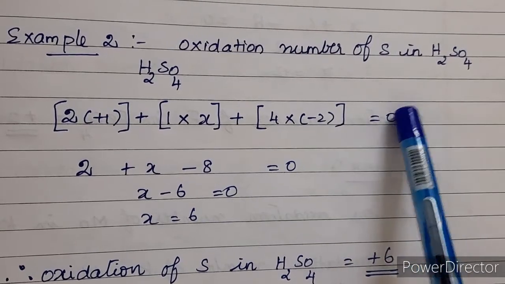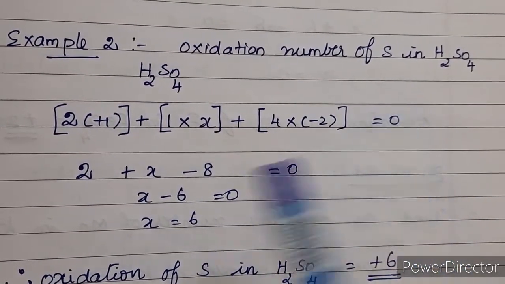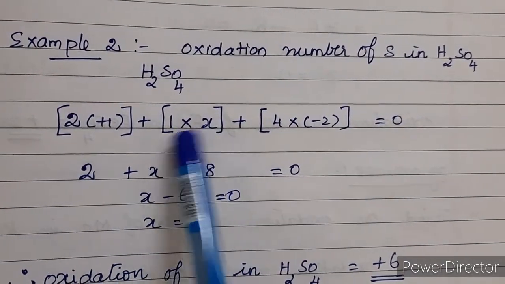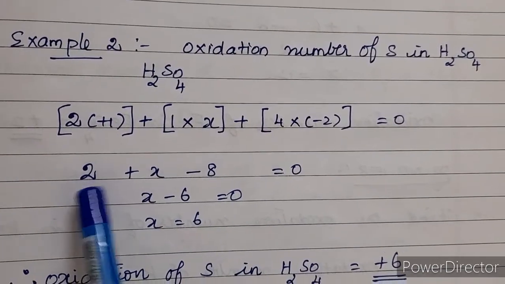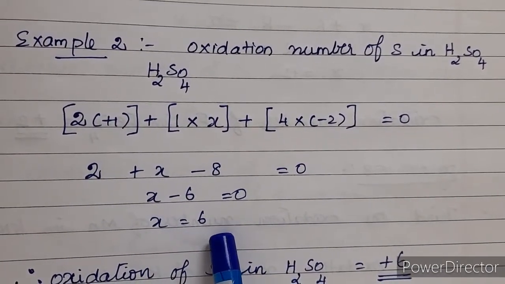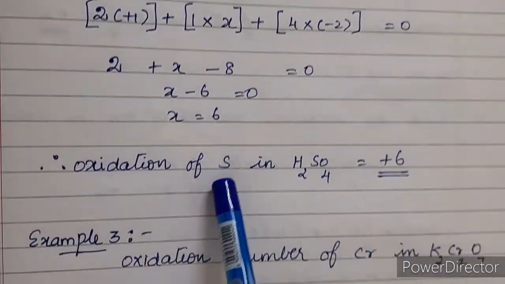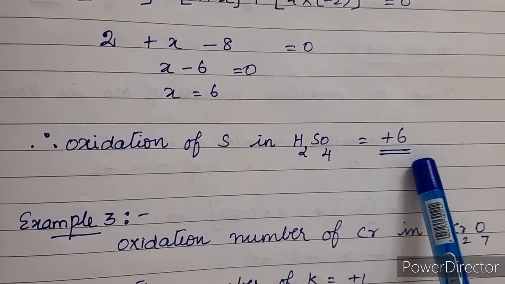Now this should be equated to 0. Always remember that this should be equated to 0. Here this becomes 2 and here it is 1 and here it is -8, right? When you subtract 2 minus 8, it becomes -6. So X minus 6 is equal to 0, X is equal to 6. So the oxidation number of sulfur in sulfuric acid is +6.